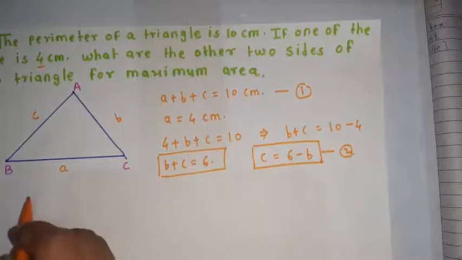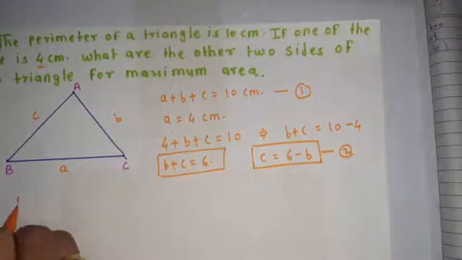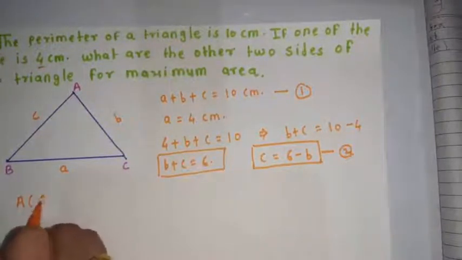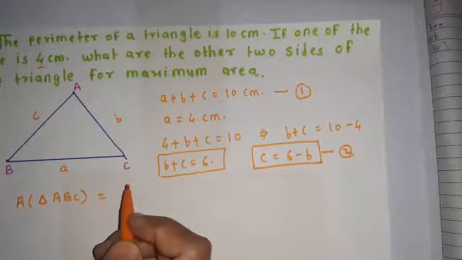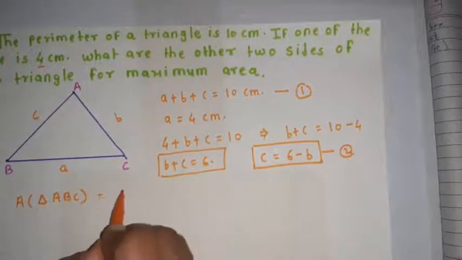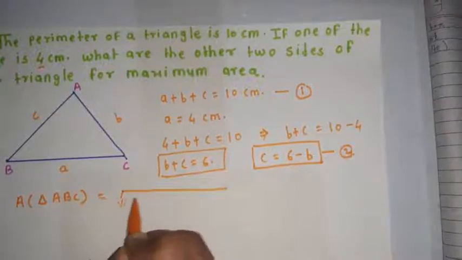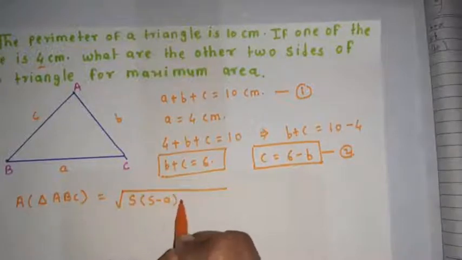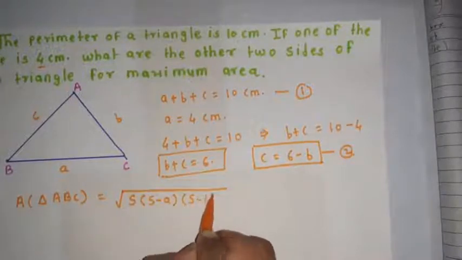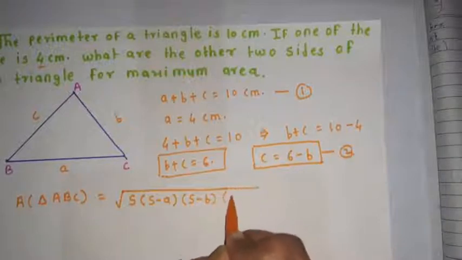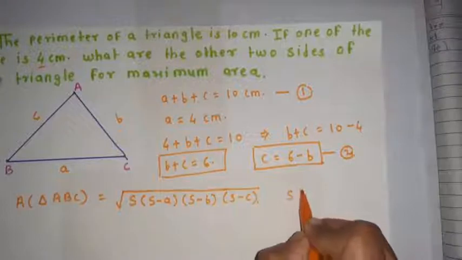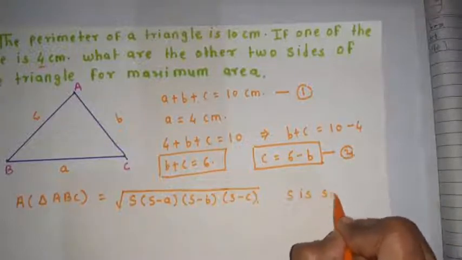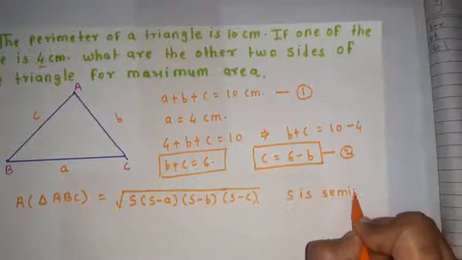The formula for area of triangle ABC by using semi-perimeter is equal to square root of s into s minus a, s minus b and s minus c, where s is the semi-perimeter.